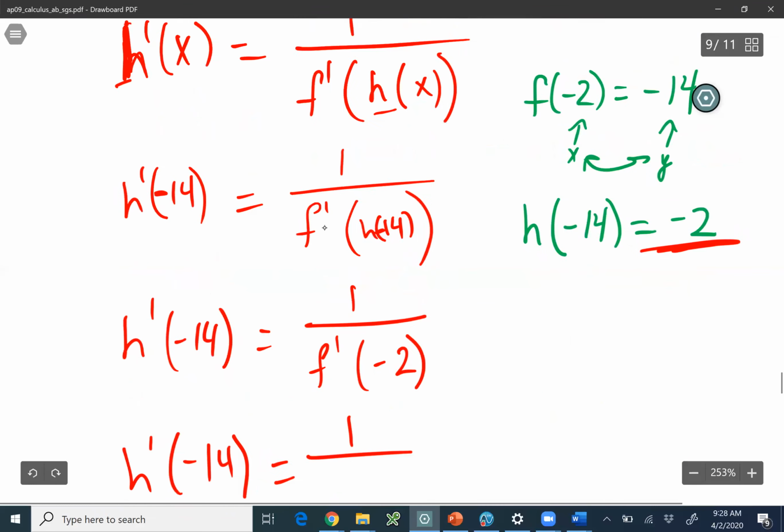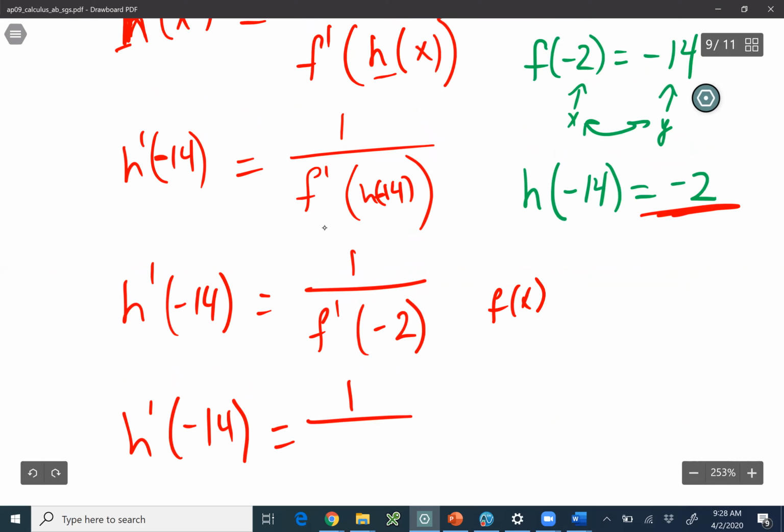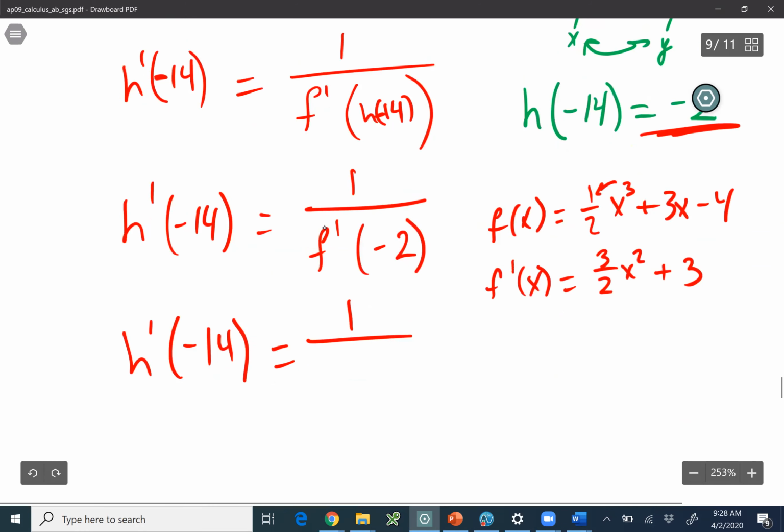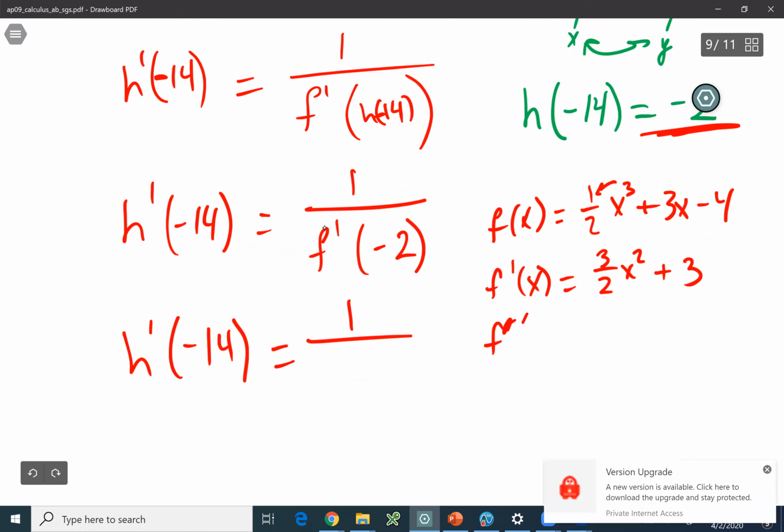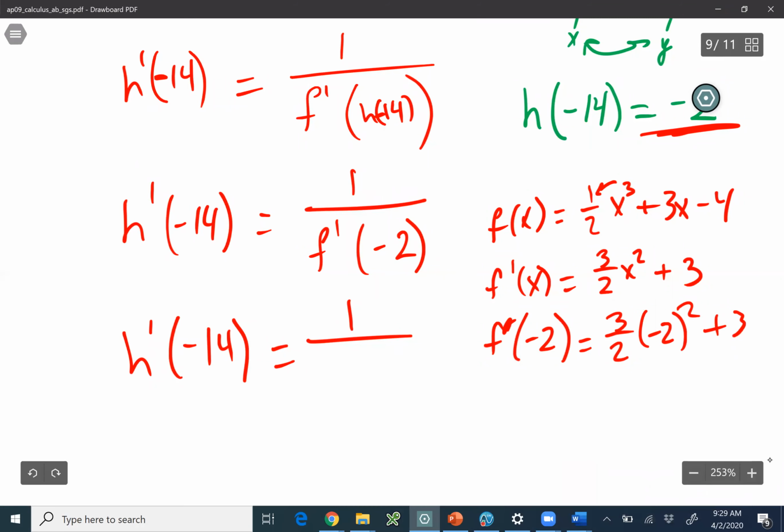So off on the side, we had f of x equals 1/2 x cubed plus 3x minus 4. So f prime of x equals 3/2 x squared plus 3. If we plug in negative 2, we get 3/2 times negative 2 squared plus 3. 3/2 times 4 becomes 6, plus 3. So we get 1 over 9.